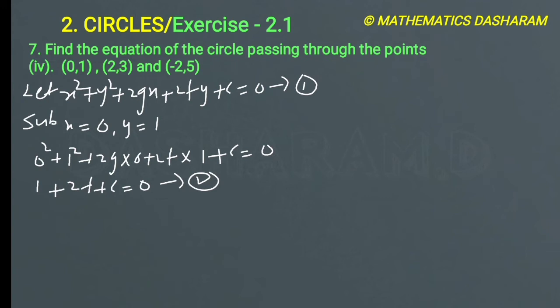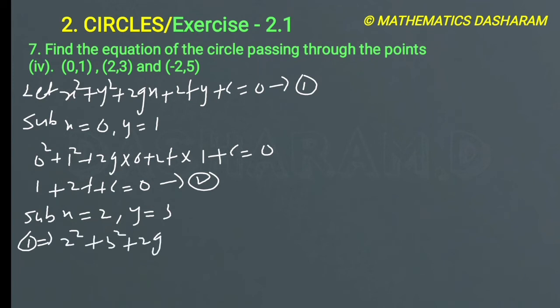Substitute the second point. Then equation 1 will become 2 square plus 3 square plus 2g into 2 plus 2f into 3 plus c equals 0. 4 plus 9 plus 2 twos are 4g, plus 3 twos are 6f.